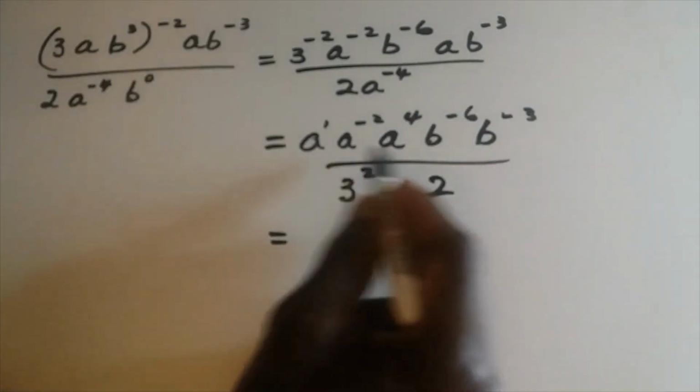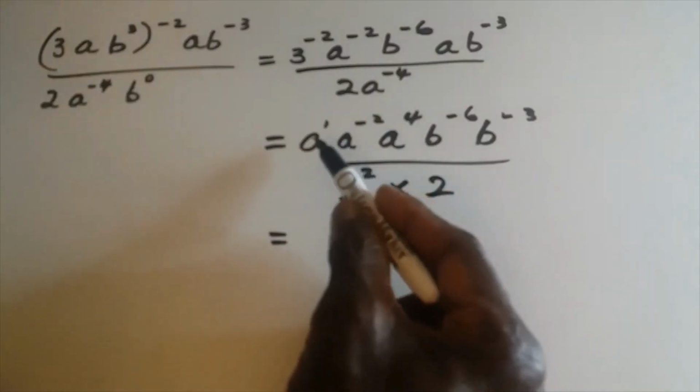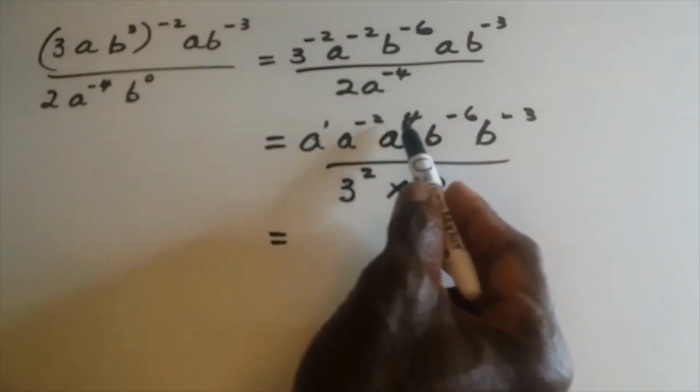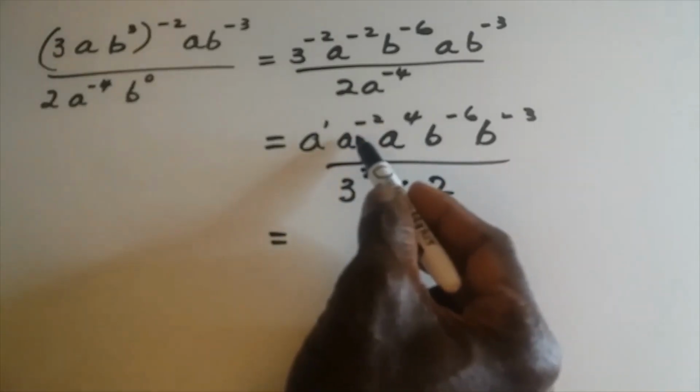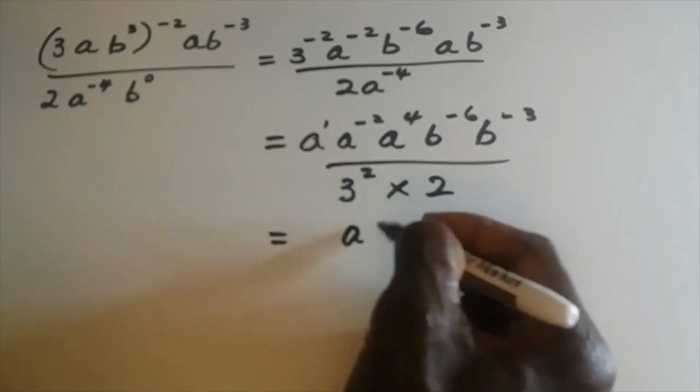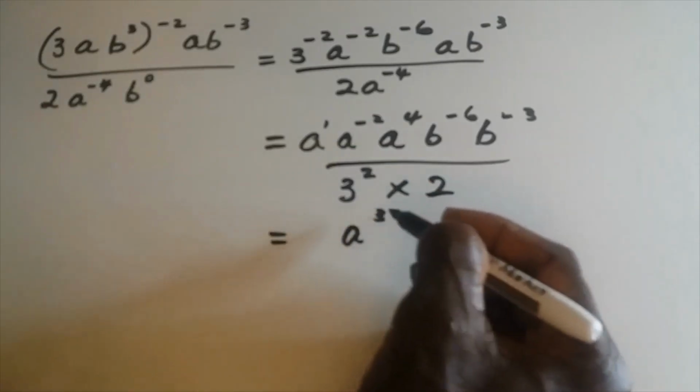And now we can evaluate our numerator. We have a to the 1 times a to the 4th, which is a to the 5th, times a to the minus 2 will give us a to the 3rd, or a cube.